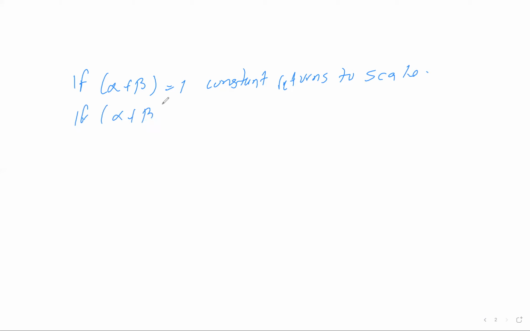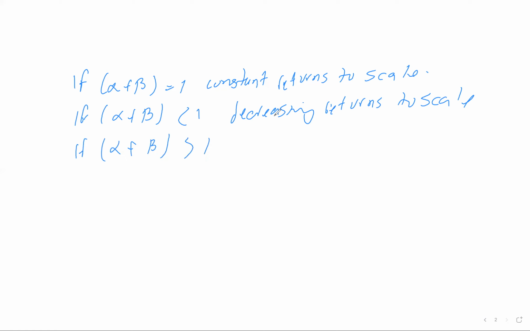If alpha plus beta is less than 1, then it's decreasing returns to scale. And lastly, if alpha plus beta is greater than 1, then it's increasing returns to scale. So these are the definitions.